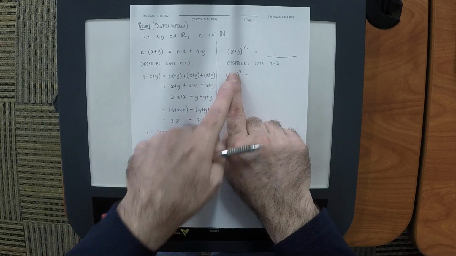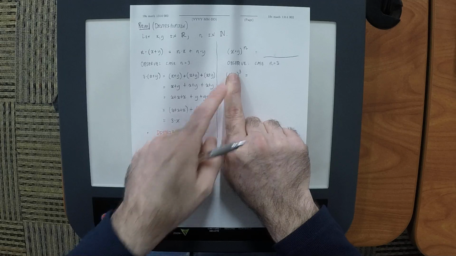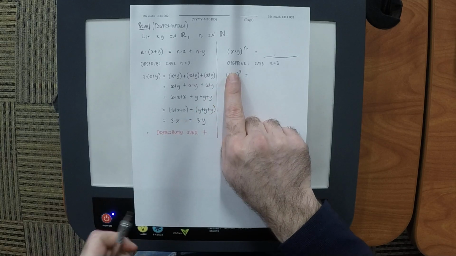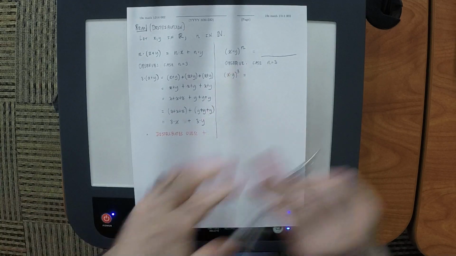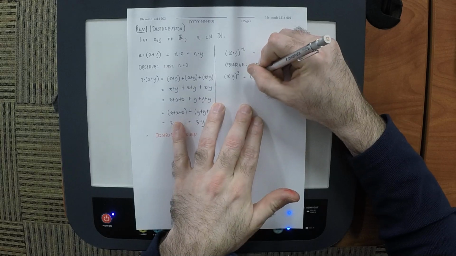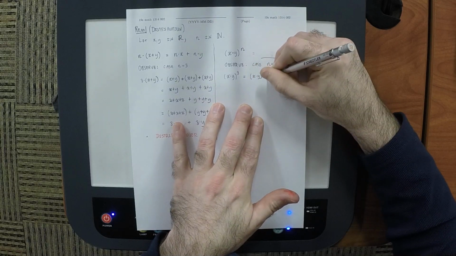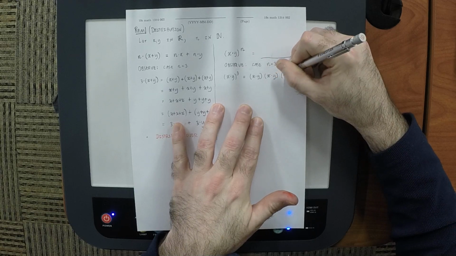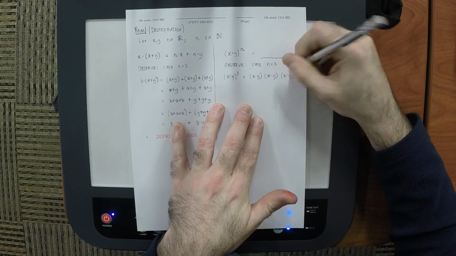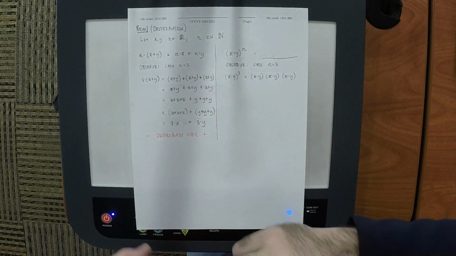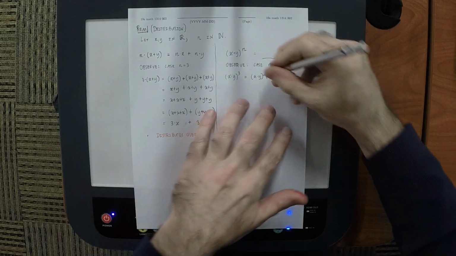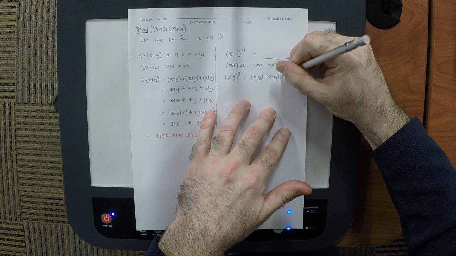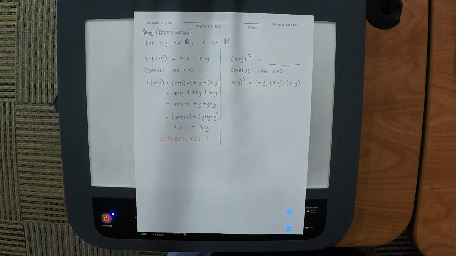So here, what are we going to do? Make 3 copies and multiply them together. We make 3 copies of that thing. First copy, second copy, third copy. And because exponent is repeated multiply, we take those 3 things and we multiply them all together. So that's what it is according to the definition.